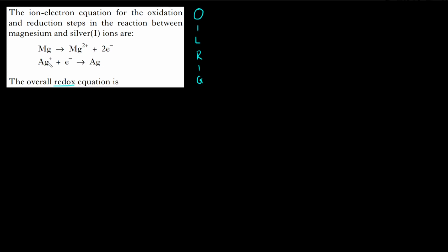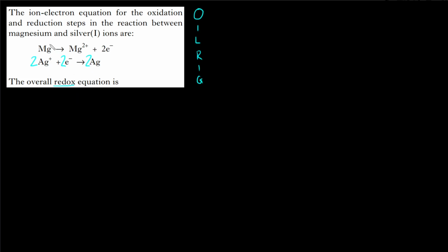In order to balance them, I would simply times that entire bottom reduction equation through by 2, everything times by 2, not just the electrons, but everything. And now I can start to put together these 2 equations to write my redox equation, because they now have the same number of electrons.